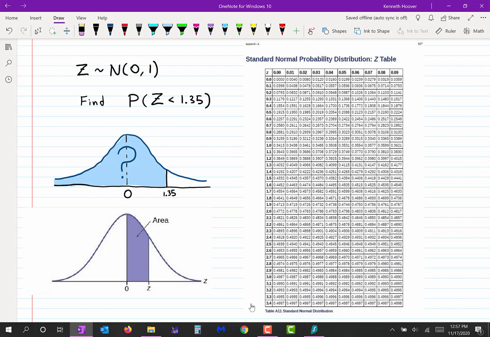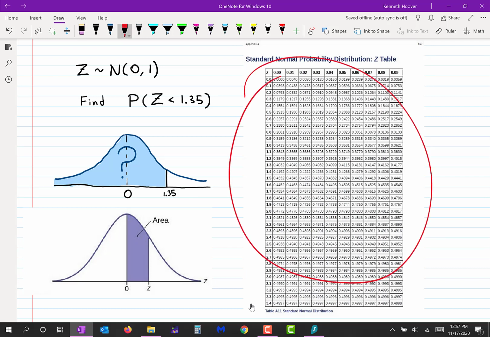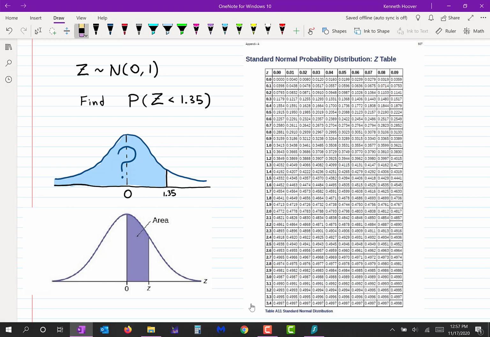Now in the back of the book on page 607, it's called Appendix A, and you will see this table. There's a whole bunch of numbers in that table, correct? What do those numbers represent? Look at this picture right here, which is also, I believe, back there in the back of the book, just by that table. I think right before the table is this picture that I just circled.